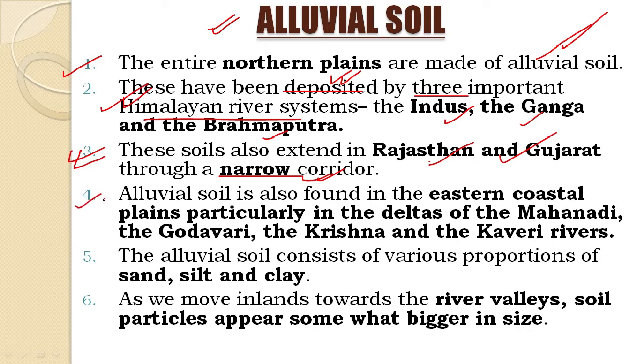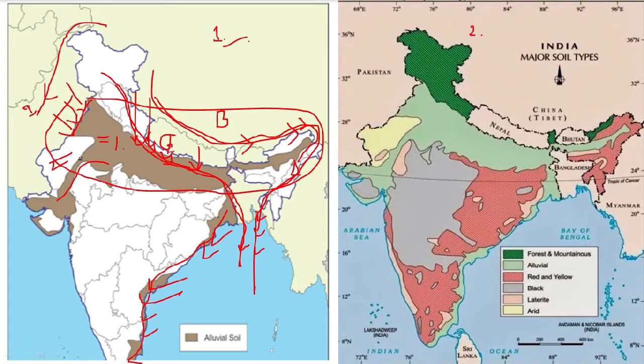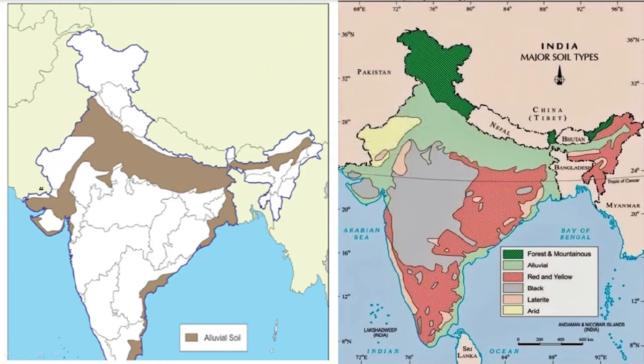In the number 4, we see alluvial soil is also found in the eastern coastal plains, particularly in the deltas of Mahanadi, the Godavari, the Krishna and the Kaveri rivers, which we were talking about right now. See, this area is Gujarat and this area is Rajasthan. Clear? So you can see that there is a narrow corridor in which the alluvial soil is deposited and spreads.